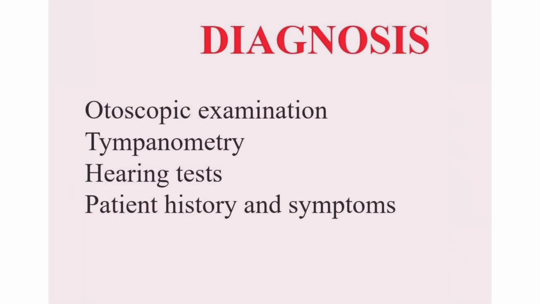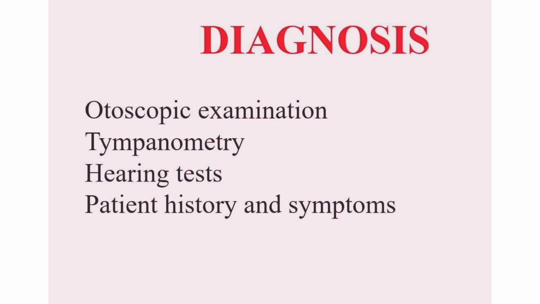Now let's move forward towards the diagnosis. The diagnosis of otitis media typically involves a combination of medical history, physical examination, and diagnostic tests. These may include otoscopy. An otoscope is used to examine the ear canal and eardrum for signs of infection or fluid buildup.